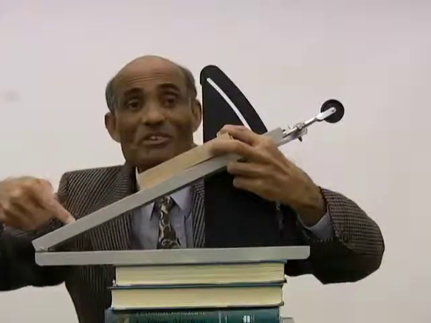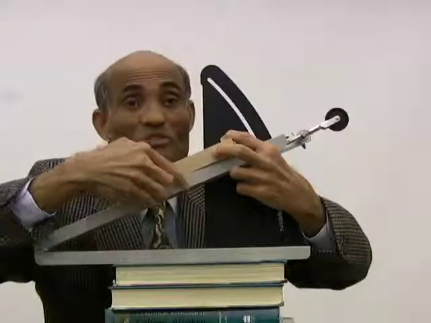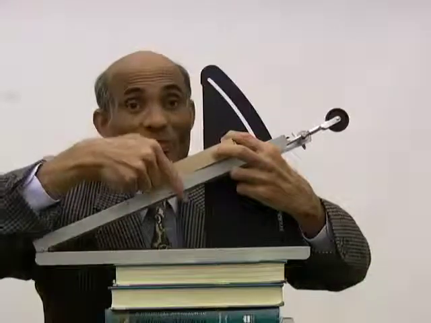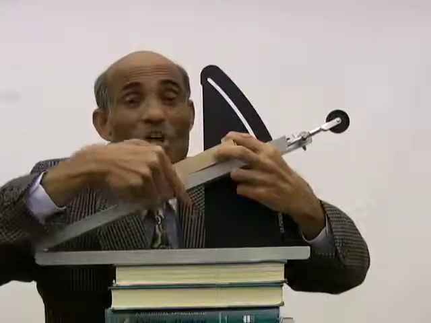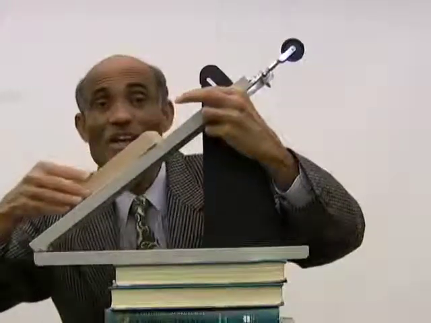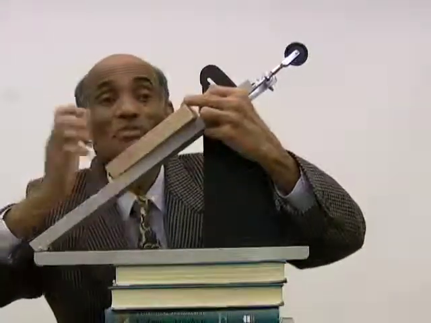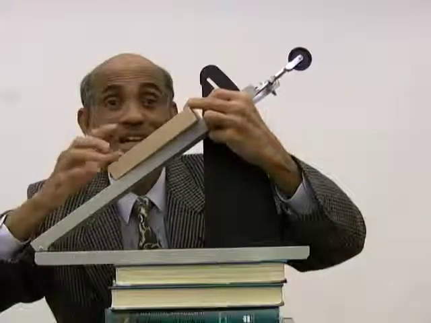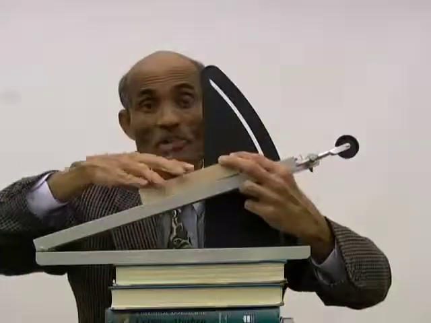The component of the weight acting down the plane will be mg sine theta, and the component of the weight that is pressing the two surfaces together at right angles will be mg cos theta. And you know, as theta increases, cos theta decreases and sine theta increases. You can see mg sine theta increases and mg cos theta decreases. You understand that? So this phenomenon is very important.